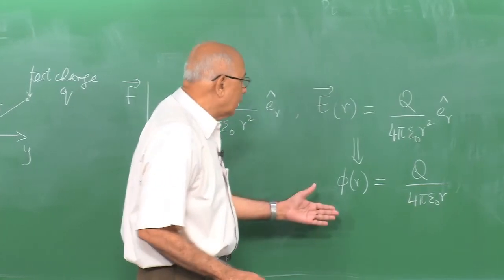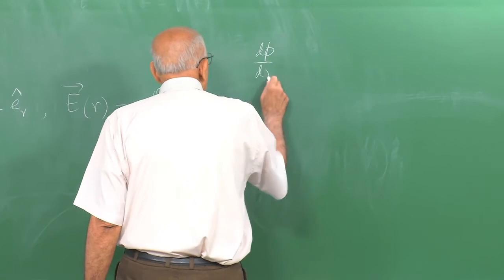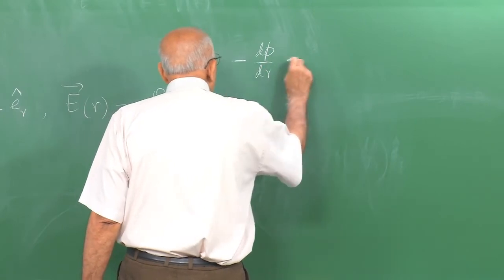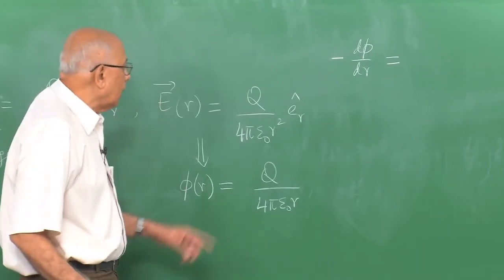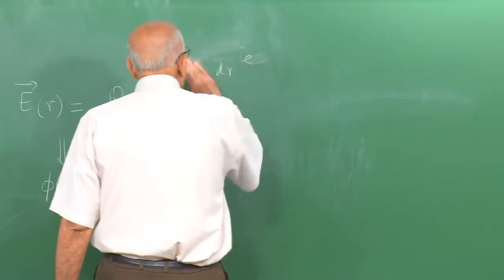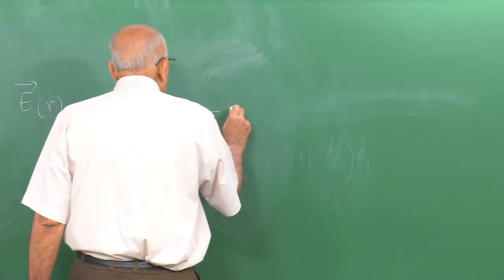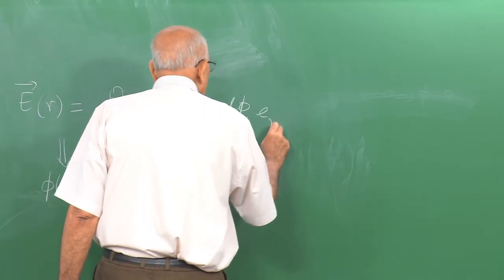Because now you see that if I differentiate d phi over dr and put a minus sign, this quantity is q over 4 pi epsilon naught r squared, and I multiply it by E sub r, and therefore this quantity can be written as minus d phi over dr E sub r.